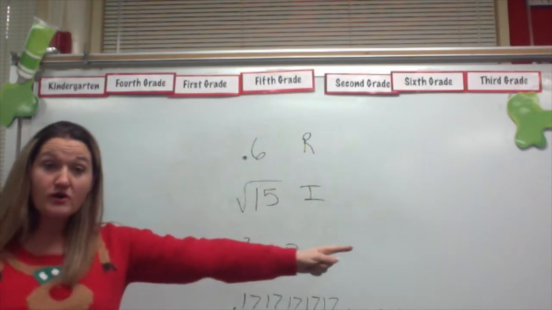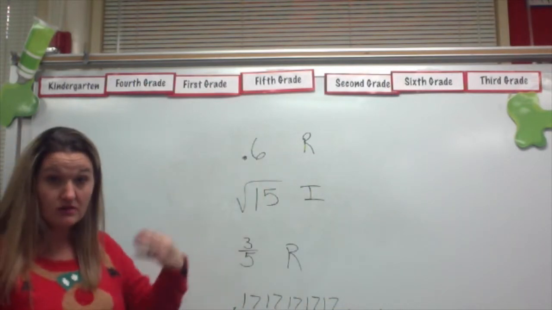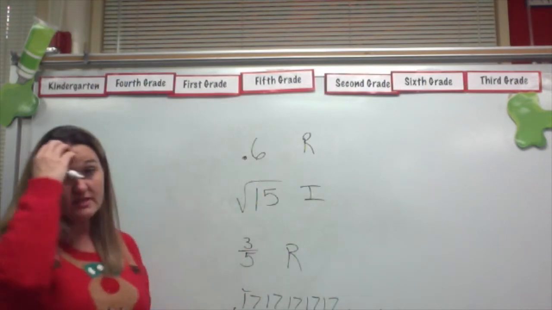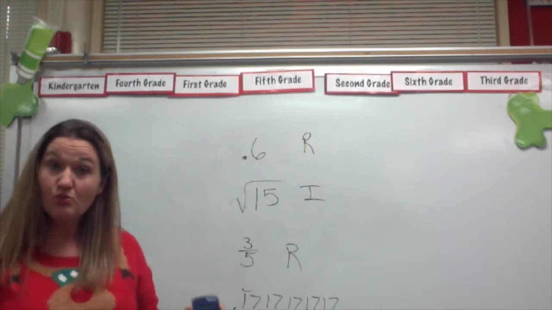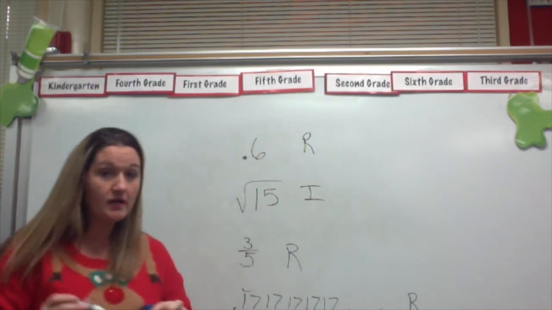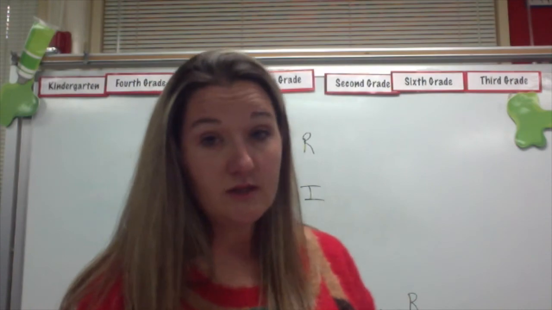Yes, it does go on and on forever, but is it a repeating decimal? Is there a pattern to it? Yes, it's basically 0.17 repeating. So because it's a repeating decimal, it is a rational number. All right, so good luck with your lesson. I hope that makes sense.